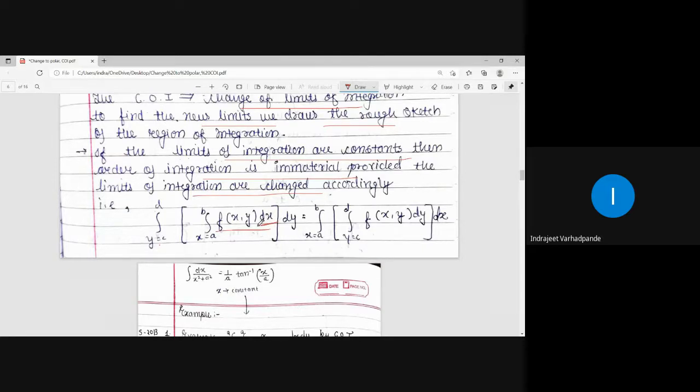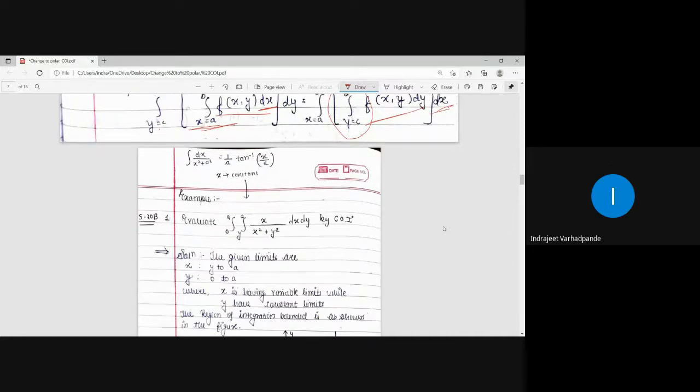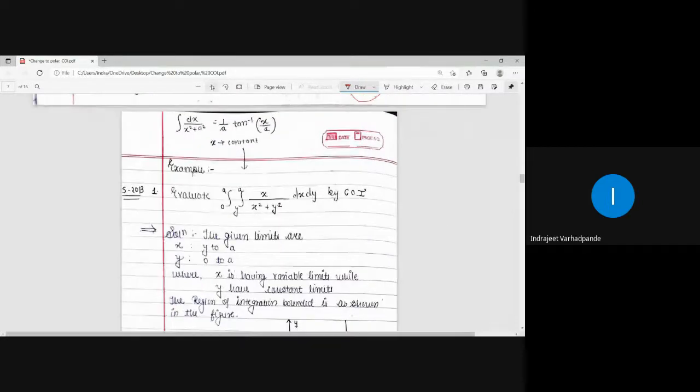This is to be integrated first with respect to x, and the limits of x are from a to b. Now after changing the order of integration, I will integrate first with respect to y, but the limits will be put as c to d and not a to b. So firstly integration is done with respect to y, and later with respect to x. So in the case of constant limits also, the integration shall be done in a similar manner.